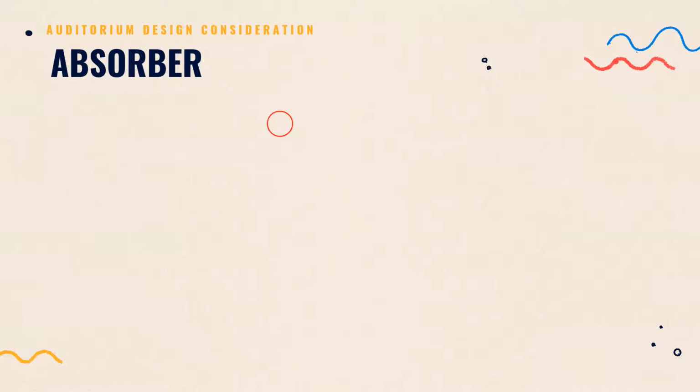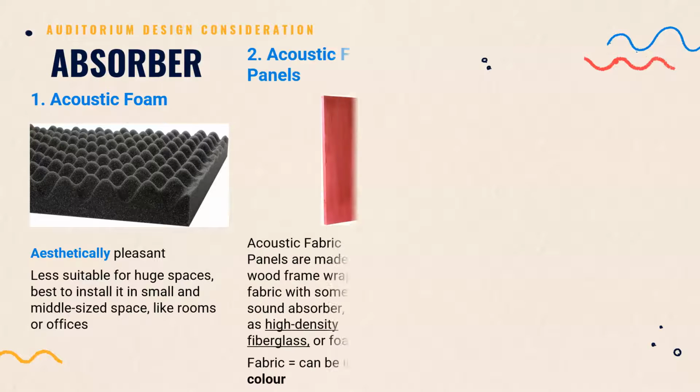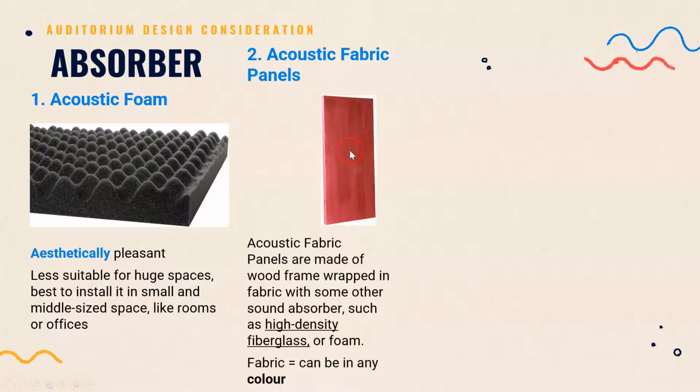So I will share more on absorber. There's acoustic foam. This is aesthetically pleasant but less suitable for bigger space. We have acoustic fabric panels that is made of wood frame. I think you saw a lot of this in lecture hall, wedding hall, or any other hall that you have been to.